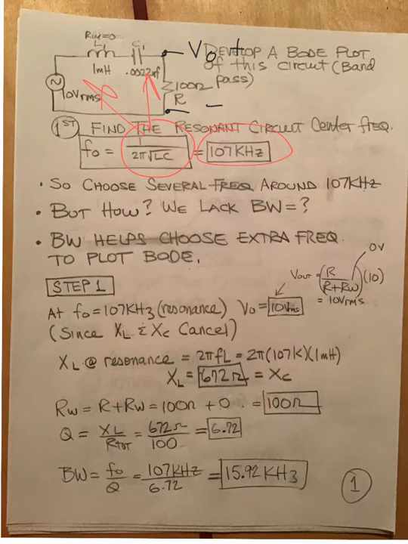If you're going to draw a picture that looks like this, you're going to want the resonant frequency. You're going to want the minus 3 dB points. You're going to want a few points down here on the side that's rolling at minus 20 dB to give you enough points to plot a nice curve. And that's what this is all about.